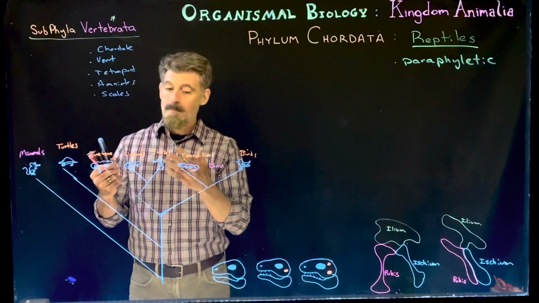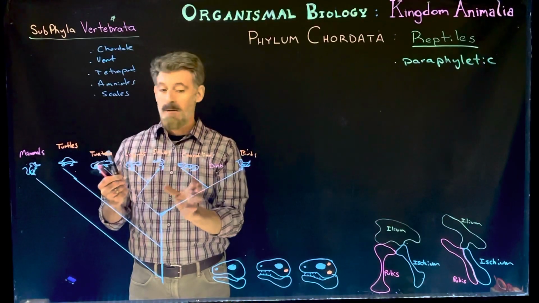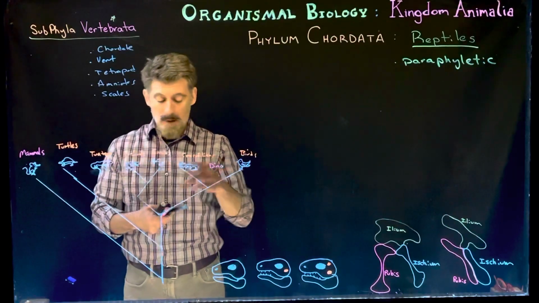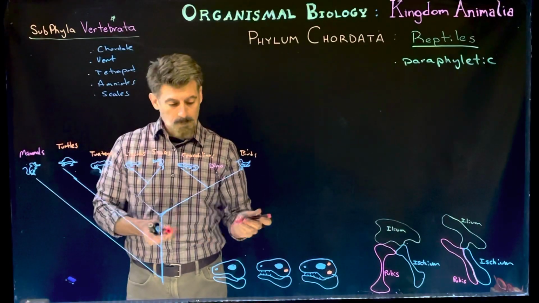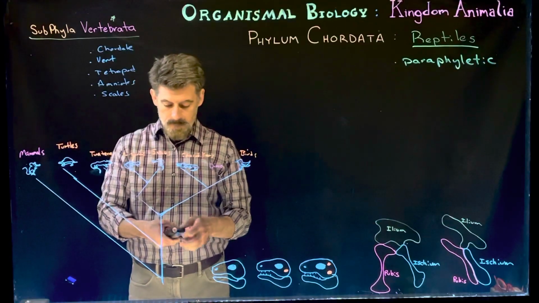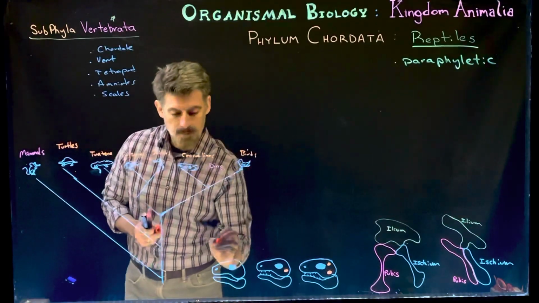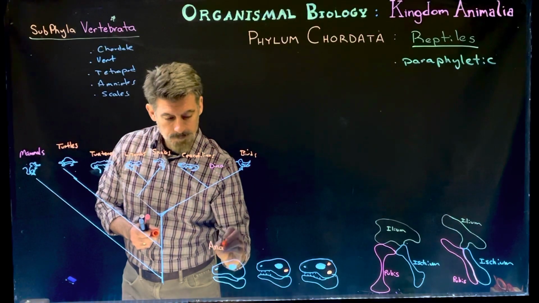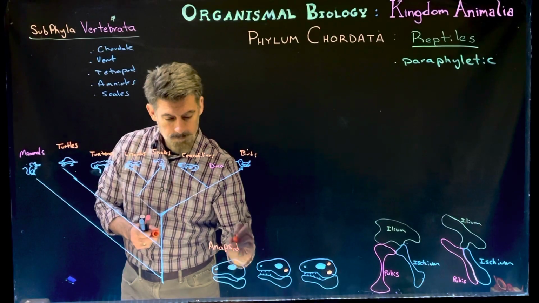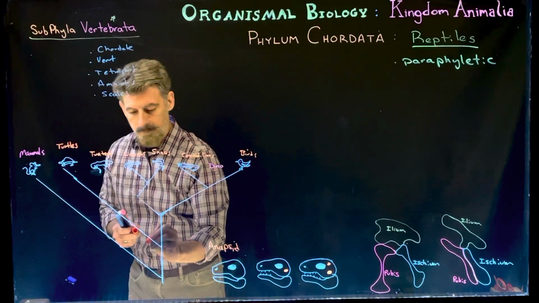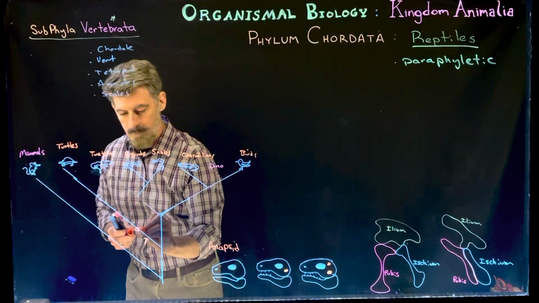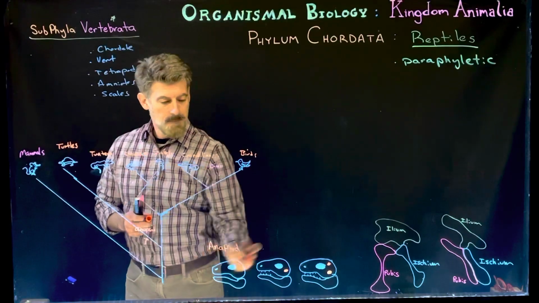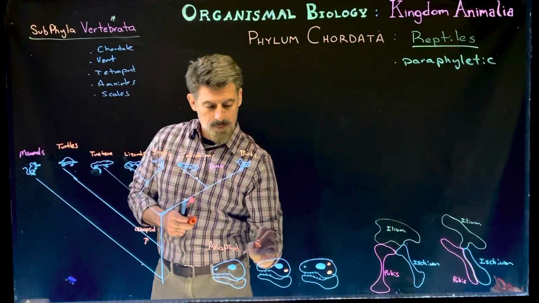As far as skull types go, this is also where we have some similarities and differences. If you remember back, a while ago we looked at skull types and talked about a cladogram, and we had an anapsid type. So that's this group here. The mammals here are synapsids.